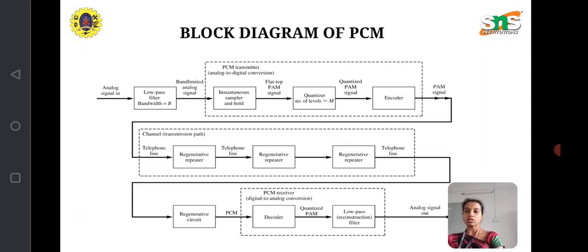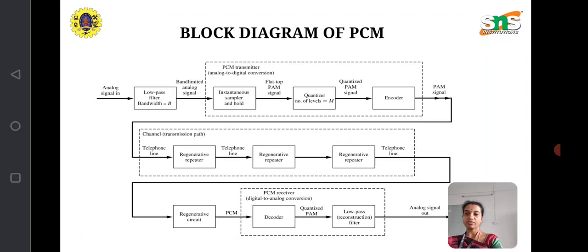the telephone lines, which I have shown here. In the regenerative repeaters, we have 3 blocks, that is channels, where we can transmit the signal through the telephone lines to the receiver block.